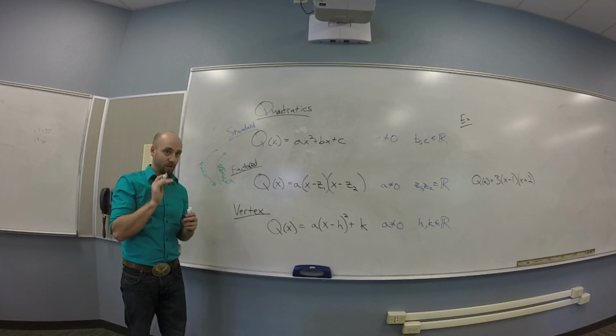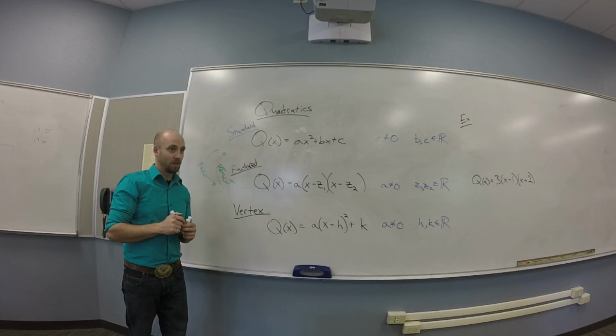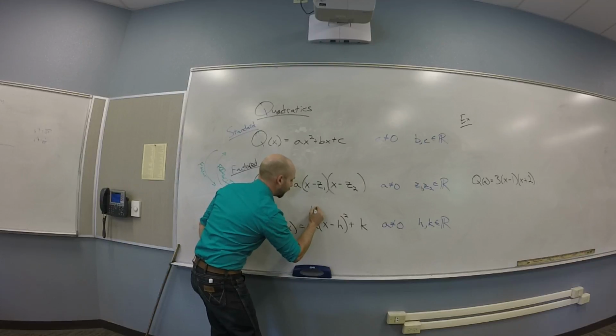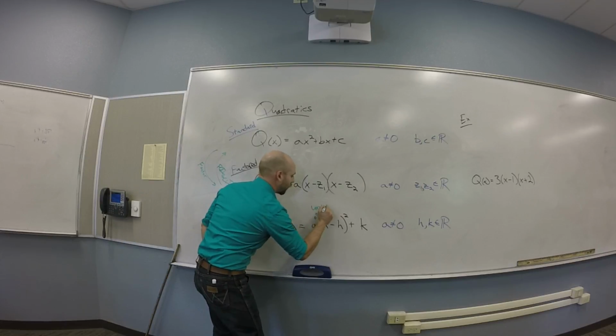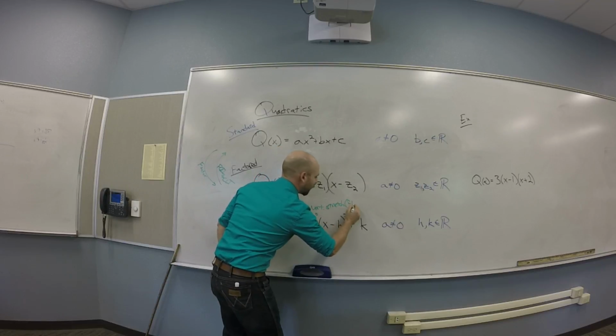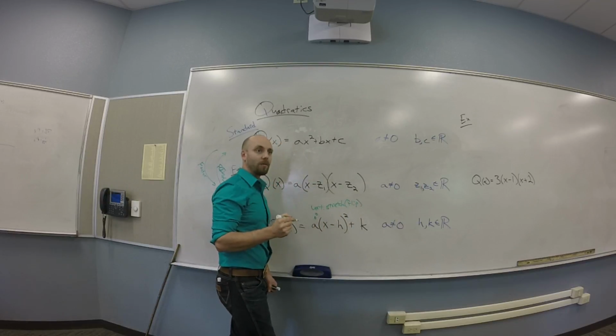Where'd I lose you? I was trying to remember, you said them and I forgot them. Oh, the pieces? Yeah. So this is a vertical stretch and maybe a flip, right? If A is negative, that would include a flip too.